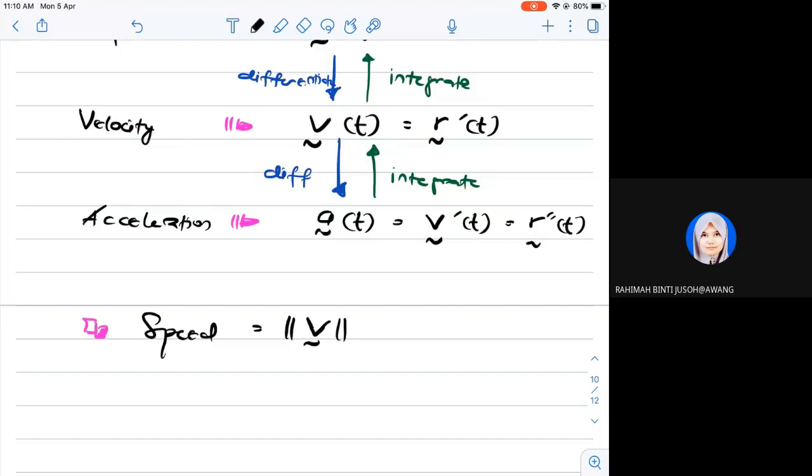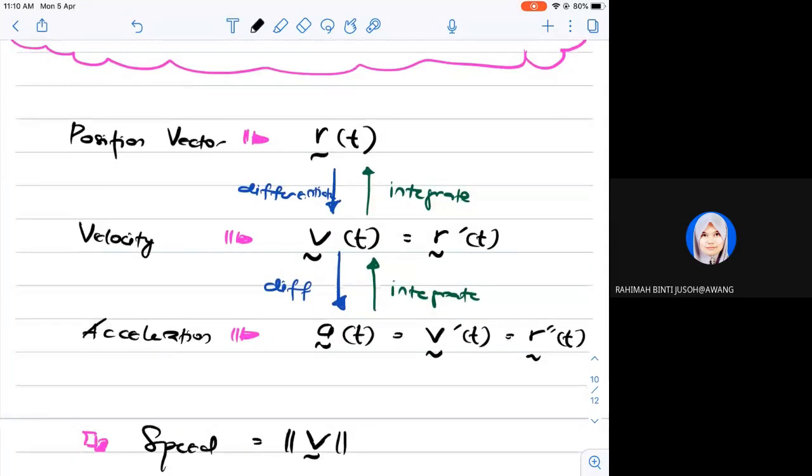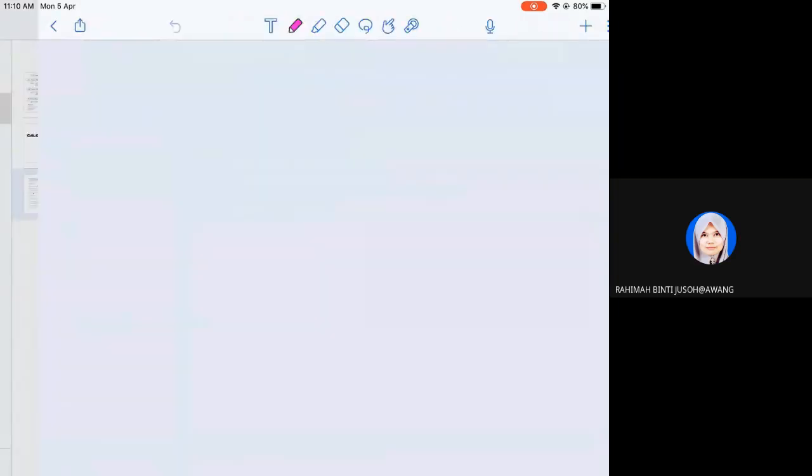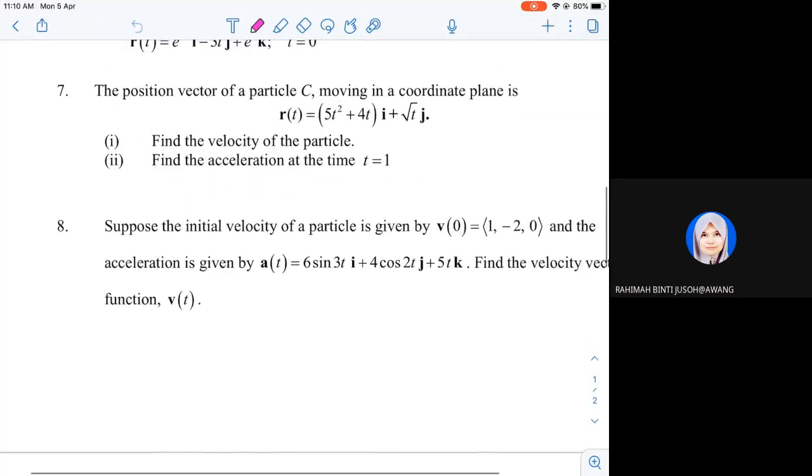So kalau soalan test tu dia suruh cari speed, maksudnya you kena cari magnitude of the velocity. So here are the formulas involved in this topic 2.4 ni. Biasa keluar soalan ni, but I'm not sure this semester keluar ke tak. Okay, so jom kita tengok soalan-soalan exercise revision yang saya dah prepare ni.